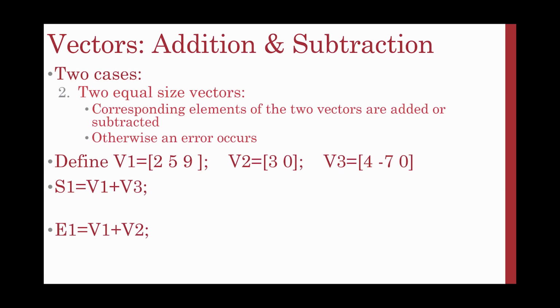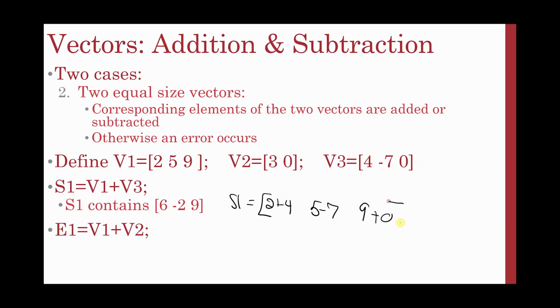The second case is two equal-sized vectors. If you have two equal-sized vectors, the corresponding elements of the two vectors are added or subtracted. Otherwise, an error occurs. So the first example we have is v1 plus v3. S1 is going to contain 6, minus 2, 9, because we have S1 equal to 2 plus 4, 5 minus 7, and 9 plus 0.